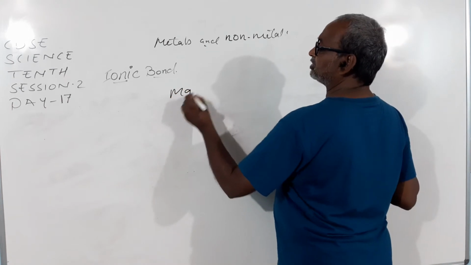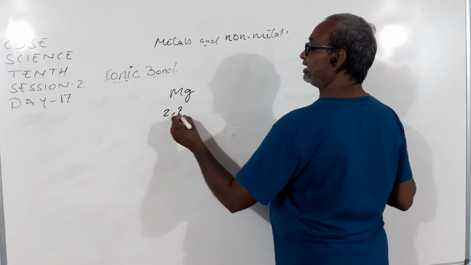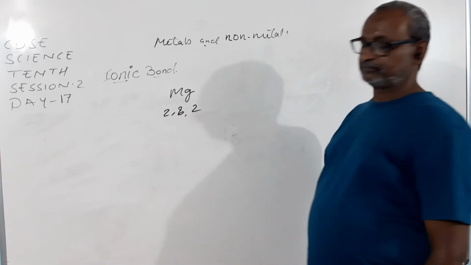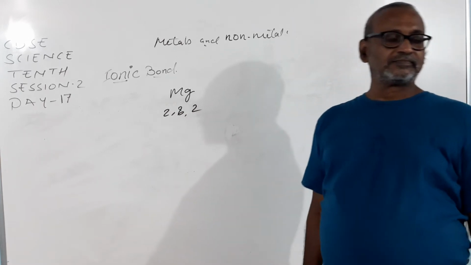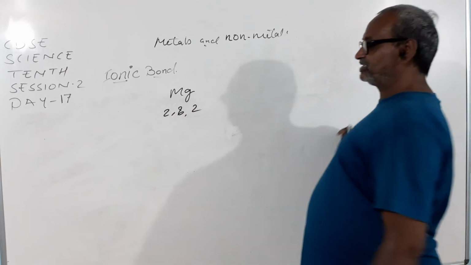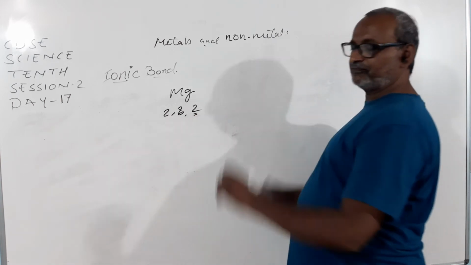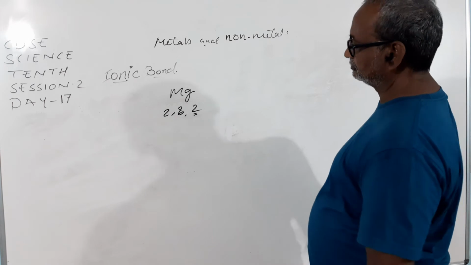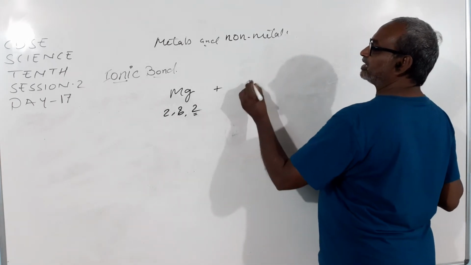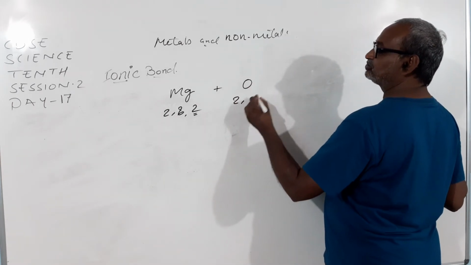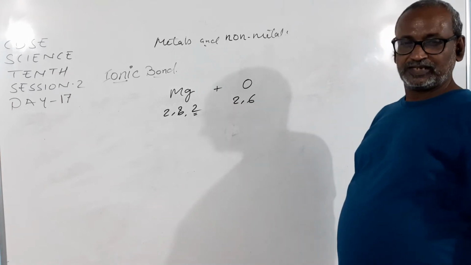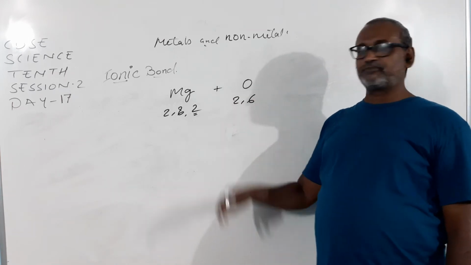Electronic configuration of magnesium is 2,8,2. Obviously, it has 2 electrons in its outermost orbit. Electronic configuration of oxygen is 2,6. It has 6 electrons in its outermost orbit.